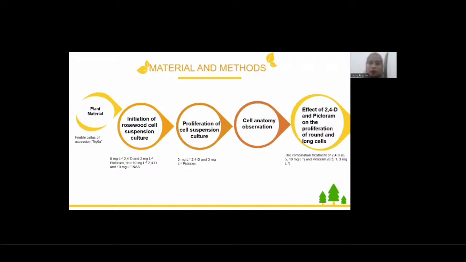And then the proliferation of cell suspension culture in 5 mg 2,4-D and 3 mg picloram. Then cell anatomy observation, and then the effect of 2,4-D and picloram on the proliferation of round and long cells. The combination treatment of 2,4-D 0, 5, and 10 mg and picloram 0.3, 1, and 3 mg.